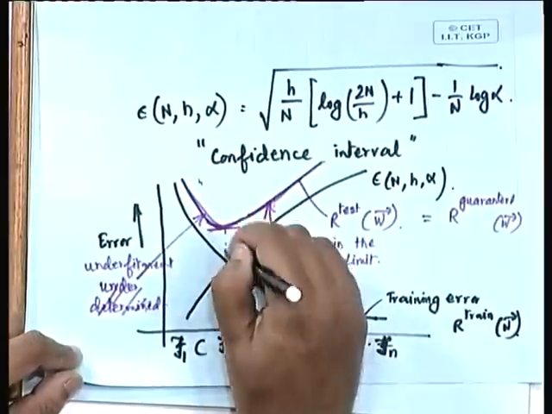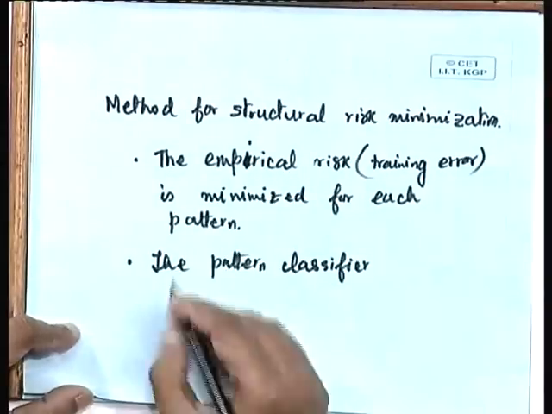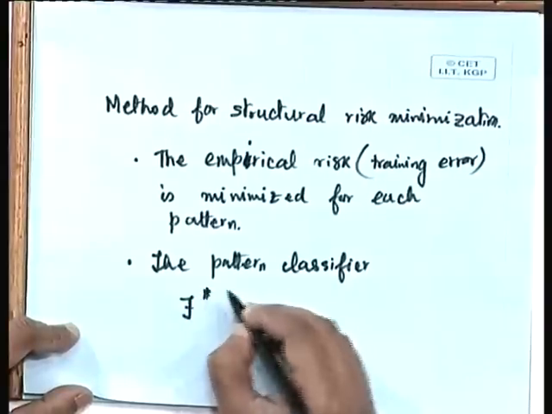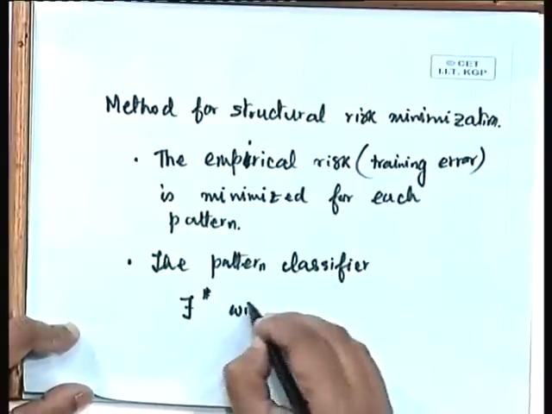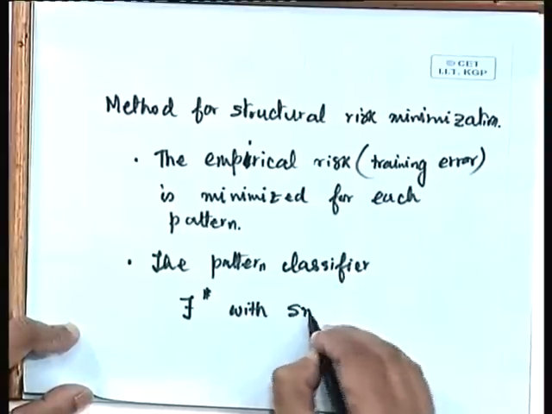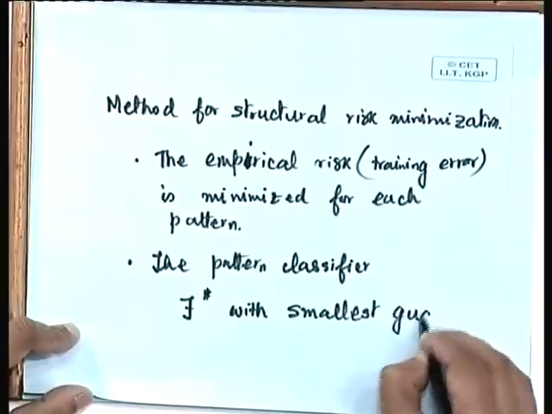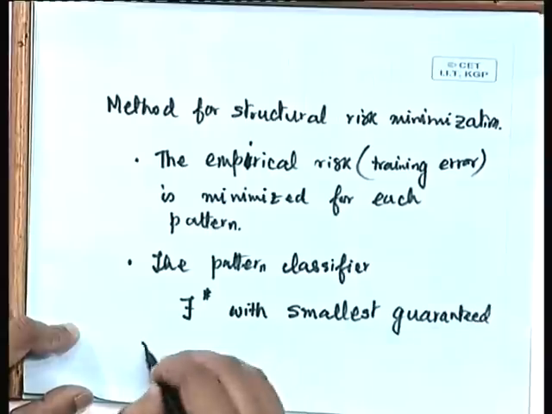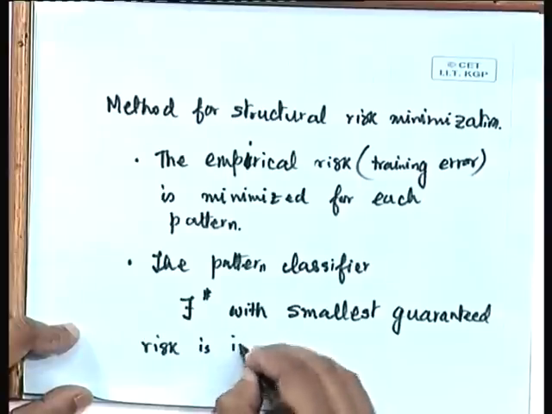So, there is a point of minimum, and let us call that F star. Okay. So, the pattern classifier F star, with smallest guaranteed risk, is identified.